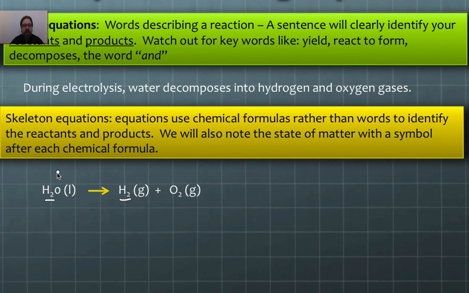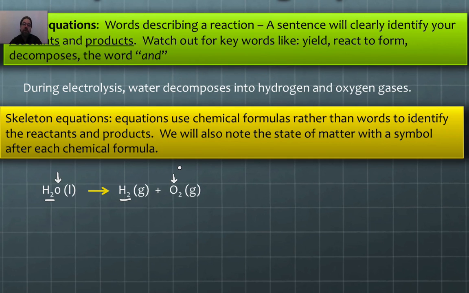But if we take a look at the oxygen, here we have 1, which is part of the water molecule, and over here we have 2. Now, in a skeleton, you're going to find quite often that it doesn't balance out. You're going to have different numbers of one thing on one side versus the other side.